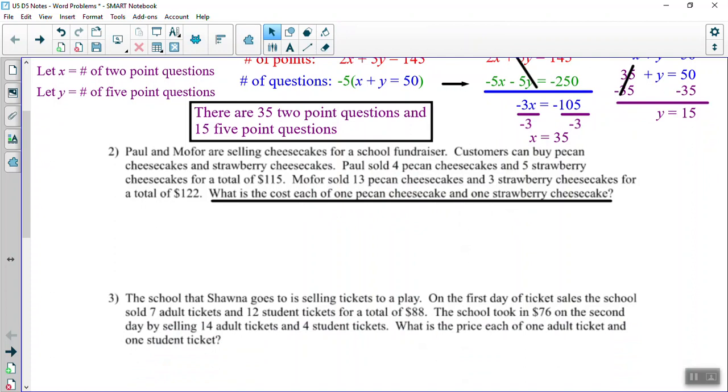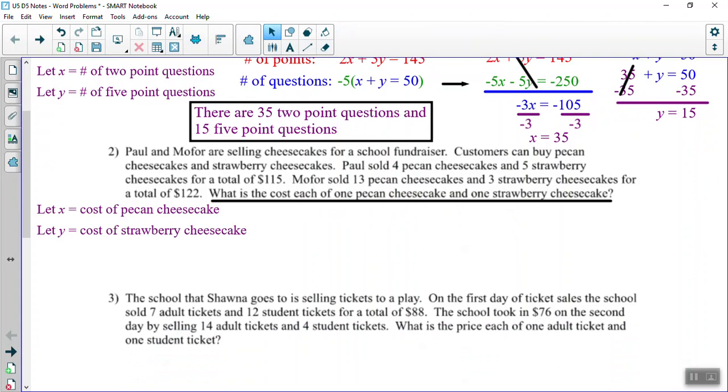So when we define our variables, I'm going to let x represent the cost of a pecan cheesecake, and I'm going to let y represent the cost of a strawberry cheesecake. Right? Make sure you're very specific to the cost of. Right? It's not the number of, it's the cost of. So we have to be specific in identifying what this is. Don't just say let x represent pecan cheesecakes. Right? Because it doesn't represent the pecan cheesecakes, it represents the cost of.